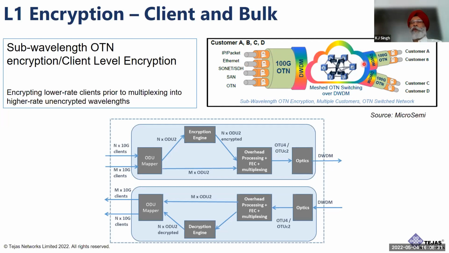Some of these would be delivered to customer A, some to customer B, but as this OTN signal traverses the network, the client data is secured at the edge of the network, and there is no reason to decrypt it or have any kind of key exchange or key management problem here. The key management and key exchange is done only at the customer location.